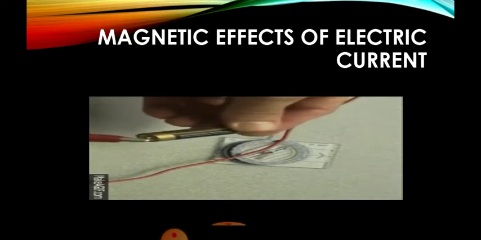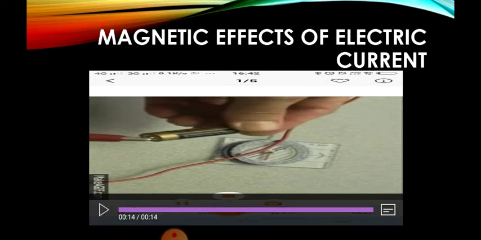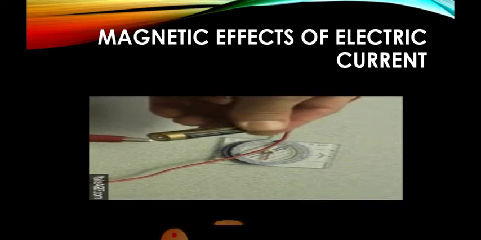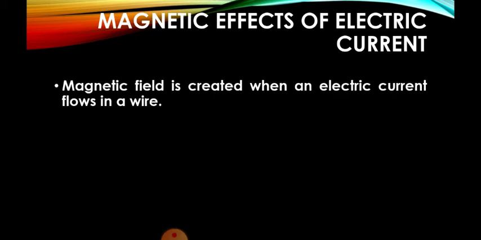That means that a magnetic effect is produced due to electric current. Fine. So what can we conclude? We can conclude that a magnetic field is created when an electric current flows in a wire.